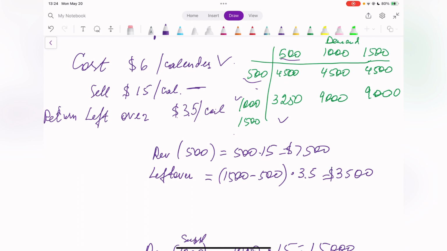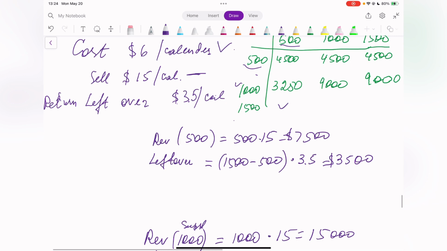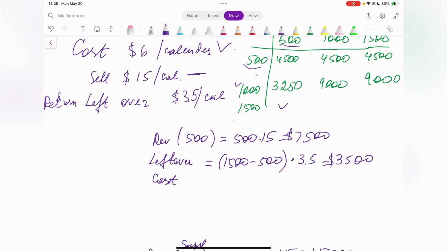Okay, and in cost, let's see how much will be cost. Guys, this is dollar sign, so you won't get confused what it is. Cost is gonna be revenue 7,500 plus leftover. It's still some money we got, and minus, doing profit.